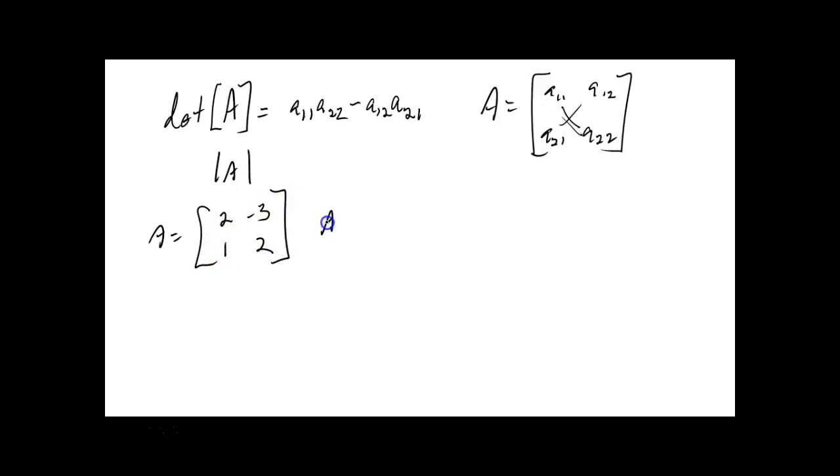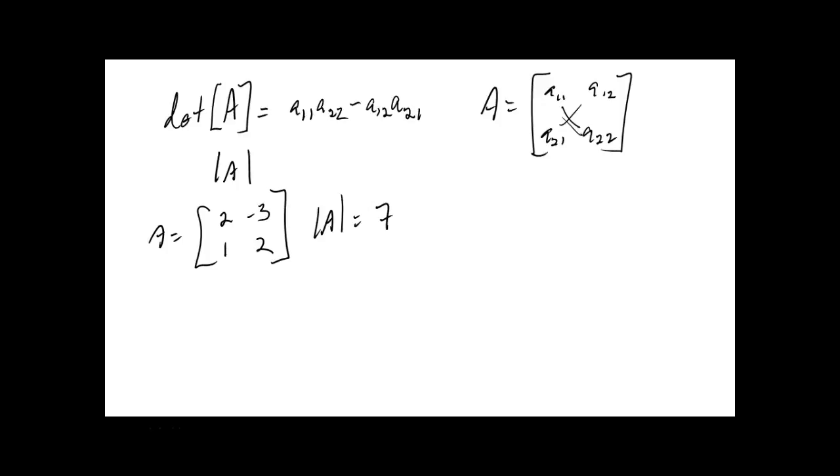You tell me what determinant of A is. Seven. Perfect. Everybody see that? Product of the diagonal is 4, minus the product of the other diagonal, minus the minus 3 is 4 plus 3 is 7.